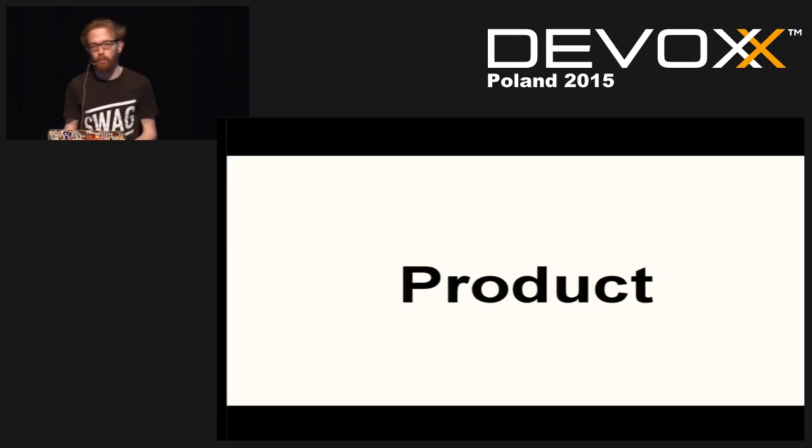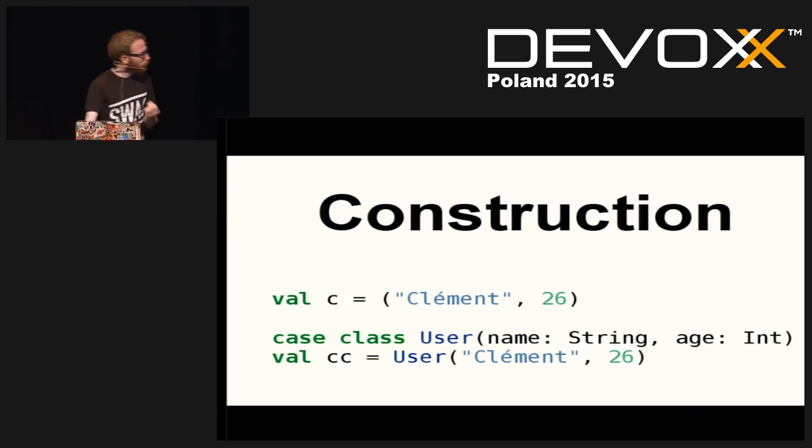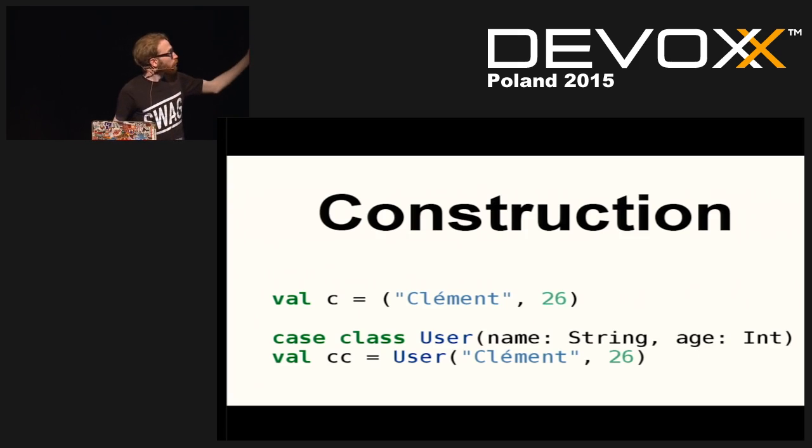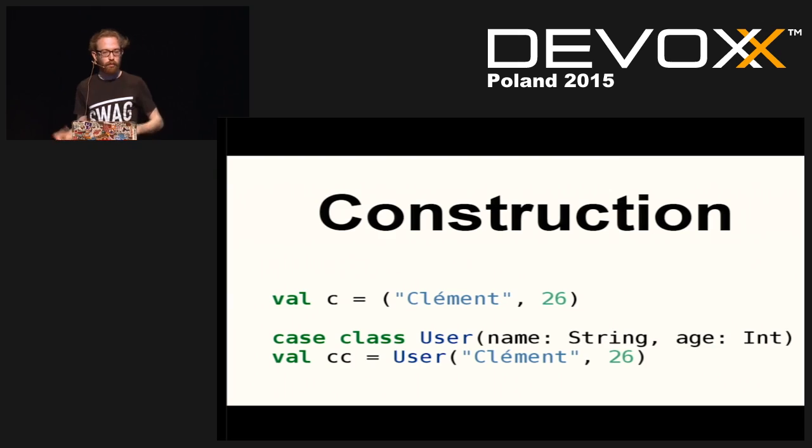They're called product types because, in terms of set theory, it's akin to a Cartesian product. So you construct them like a val equals a tuple or a case class and then define it. In this case, the tuple and the user case class have the same structure. You can go from one to another, so it's mainly a question of choice and style.